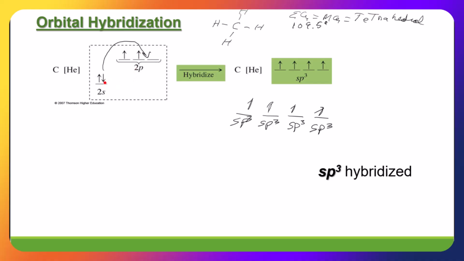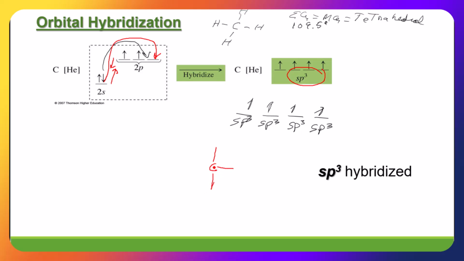But if we promote one of these electrons to the 2p subshell, then raise the energy of the 2s and lower the energy of the 2p's, we get 4 equivalent sp3 hybridized orbitals. They're absolutely equivalent to each other. And we know that carbon loves to make 4 bonds.